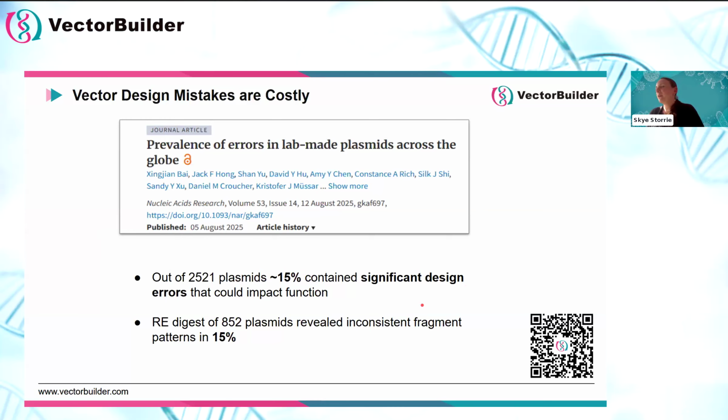And I think we've all done it. We get plasmids from collaborators or repositories, or we have that plasmid that's been in the lab freezer for about 3 decades, and we just take it and go ahead and start using it in our experiments. But this really highlights the importance of making sure that what you're starting with is what you think it is, and as well designed as well.